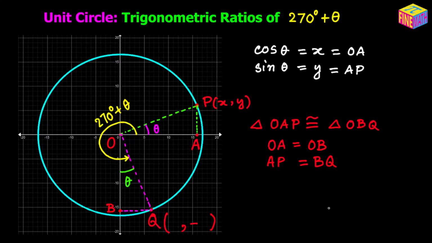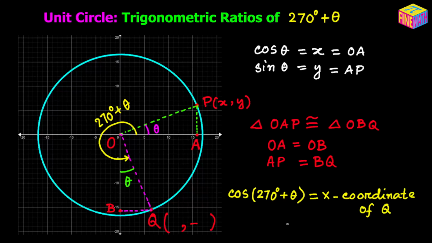So now let's try to calculate the cosine of 270 degree plus theta. Now if you think about the x coordinate of the point Q, the x coordinate of point Q is actually the cosine of 270 degree plus theta. So can we write it like this? Now what is the actual x coordinate of the point Q? Well, if you think about it, the x coordinate length would be actually equal to the length of BQ, and that is again in the positive x-axis direction, so it will be a positive value. So we can say that this is definitely equal to the length BQ, and then up above you can see that BQ is equal to AP.